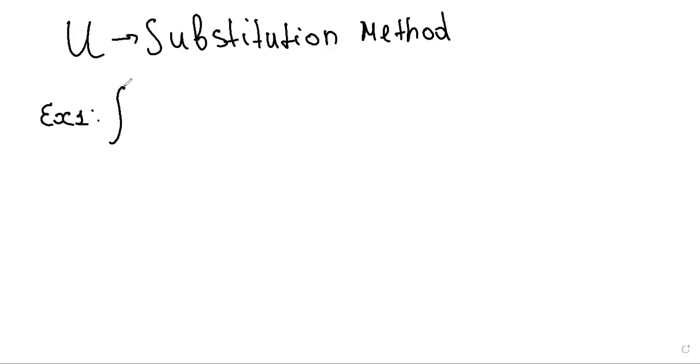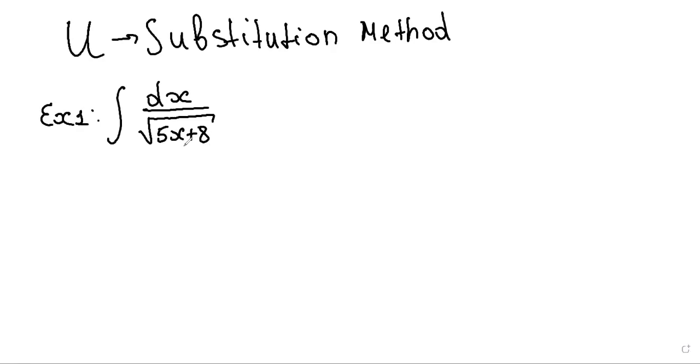Let's say we have the integral of 1 over the square root of 5x plus 8 dx. And we already have dx, so we don't have to write about this. So how can we integrate this complex integral? We use the substitution method.